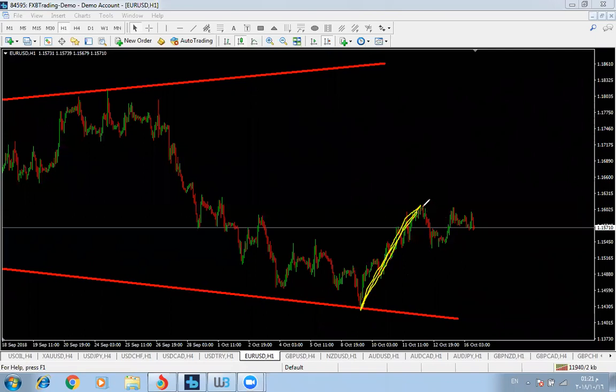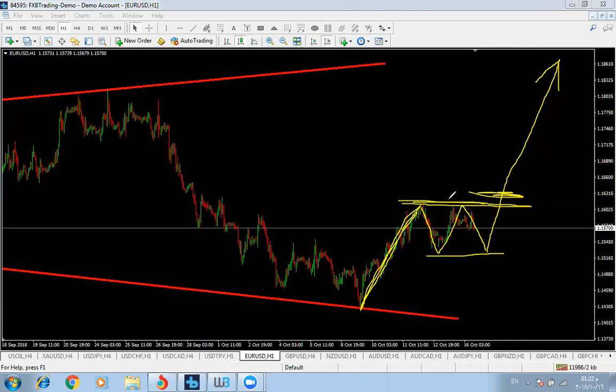Then I will watch the correction, which might be like this in the form of a flat or triangle or zigzag, and then the price should kickstart to the upside. Okay, so I'm waiting for this trend line to be broken up, and I will trigger my trades. So at the moment I am in neutral, watching closely this trend line to break up.